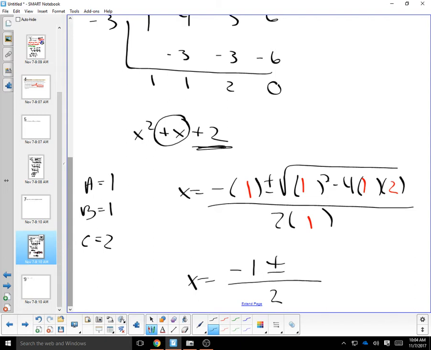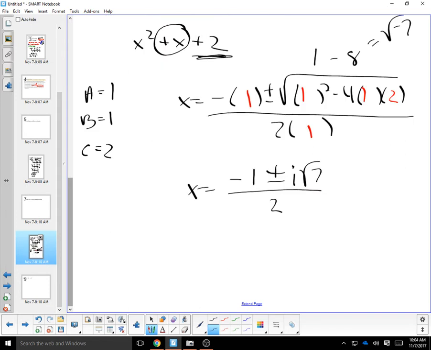Let's take a look at that radical. That's going to give me 1 minus 8, correct? Which means that is the square root of -7. So, i radical 7. Got it?